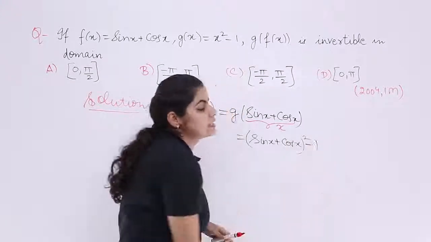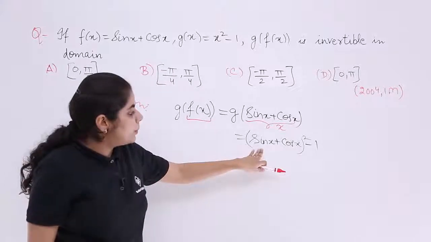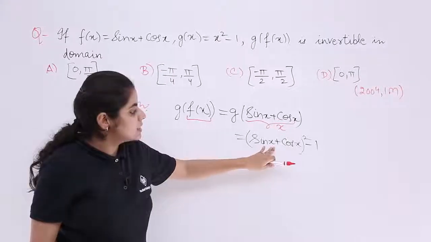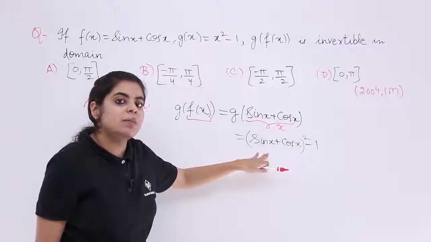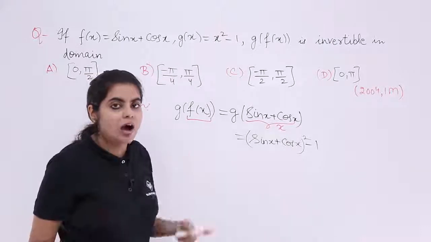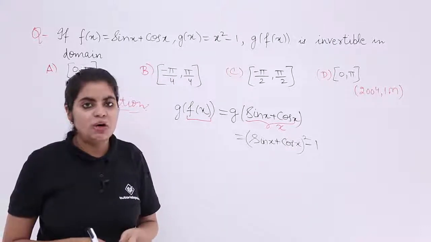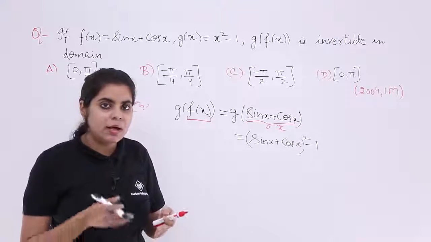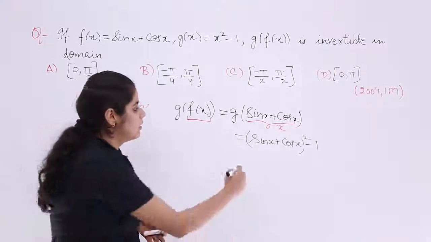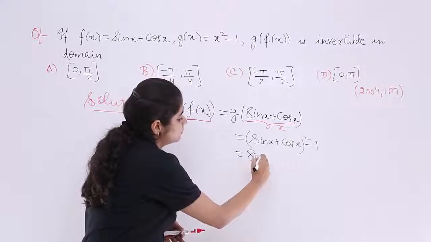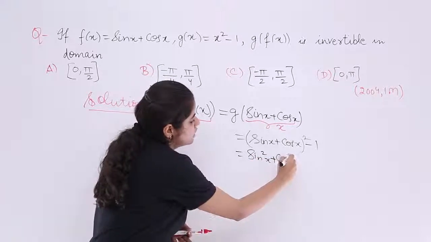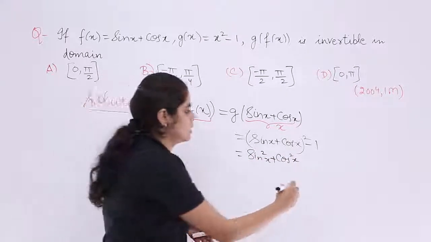Now, opening the bracket, sin square x plus cos square x plus 2 sin x cos x. We know the formula of (a plus b) whole square, which is a square plus b square plus 2ab.